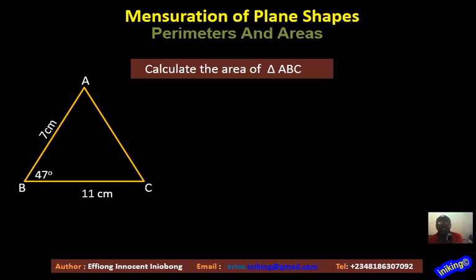We are told here to calculate the area of triangle ABC. As you can see clearly, we have been given side AB and side BC. Let's use this naming convention.